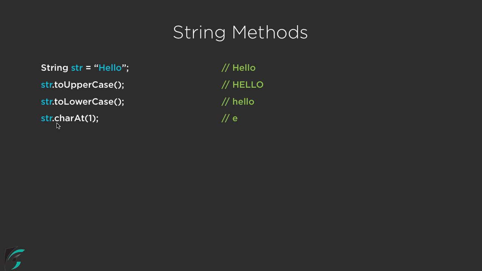And here str.charAt(1), so the index of 1. The character present at index 1 inside this string: 0, 1, 2, 3, 4. So at index 1 we have e present, so we simply print the character e in the output.